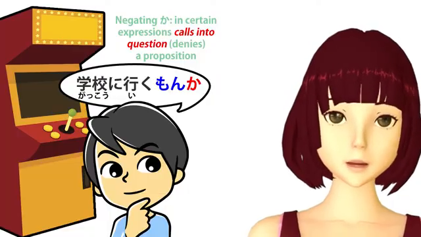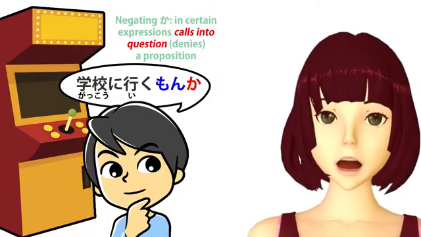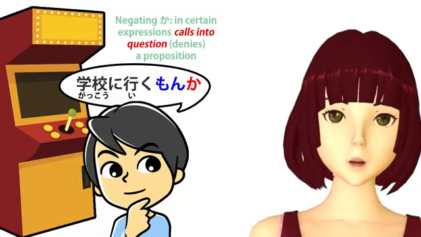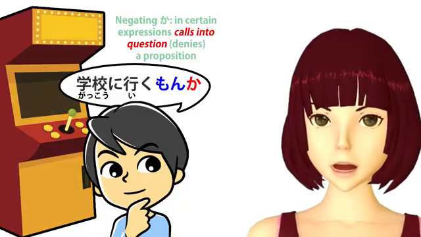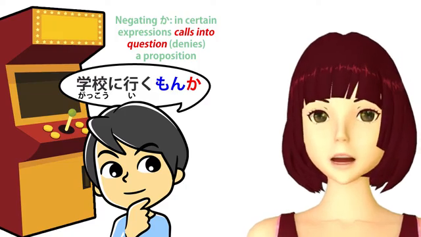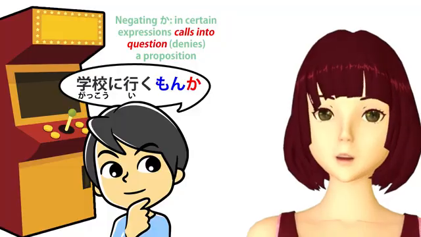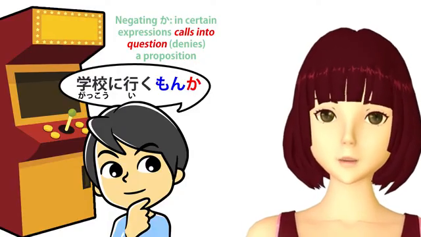So, if I say, "Sochira e iku mono desu ka," I'm saying, I won't go there. I say, "Sakura ga kuru mono desu ka," I'm saying, Sakura's not coming, she won't come. There's no likelihood of her coming.